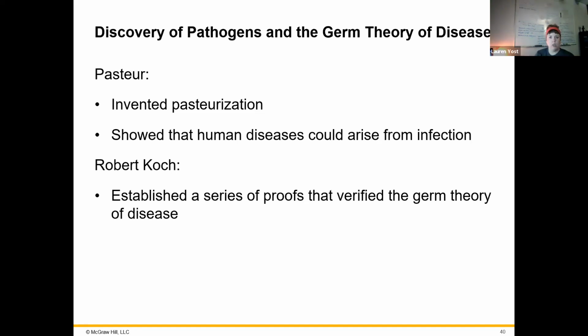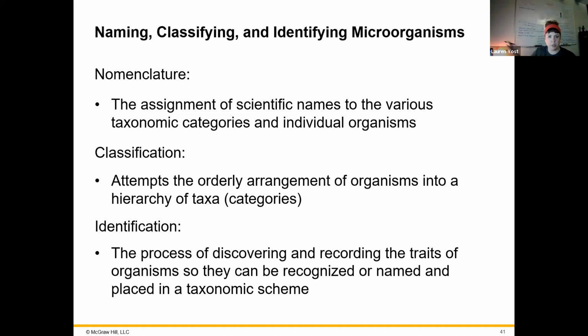Together, their work supports the germ theory of disease, that diseases are caused by something communicable, right? If it's a communicable disease, there has to be something communicable there. So that is the microbe. That's the germ theory of disease. Germs cause disease. Go figure.